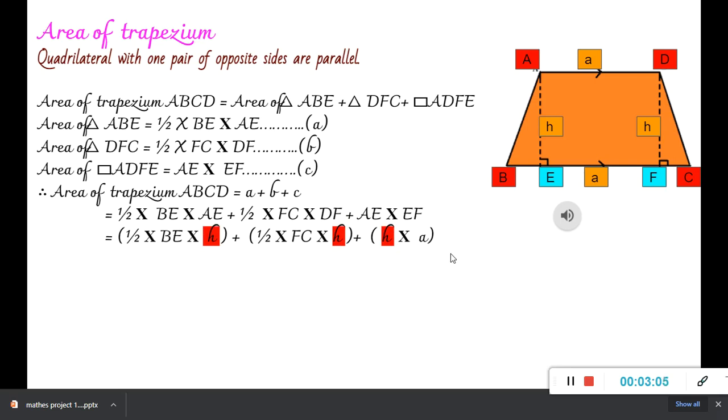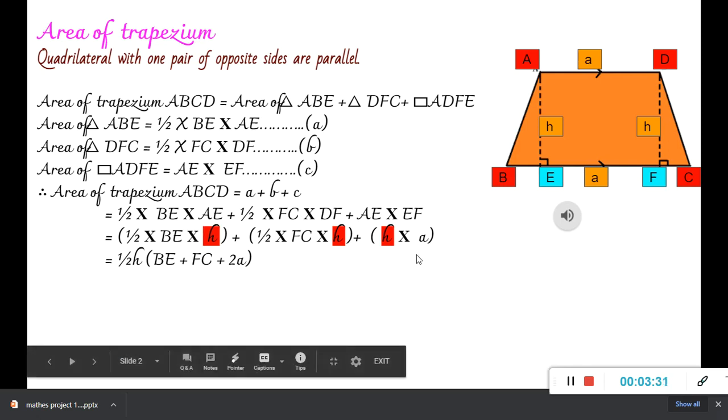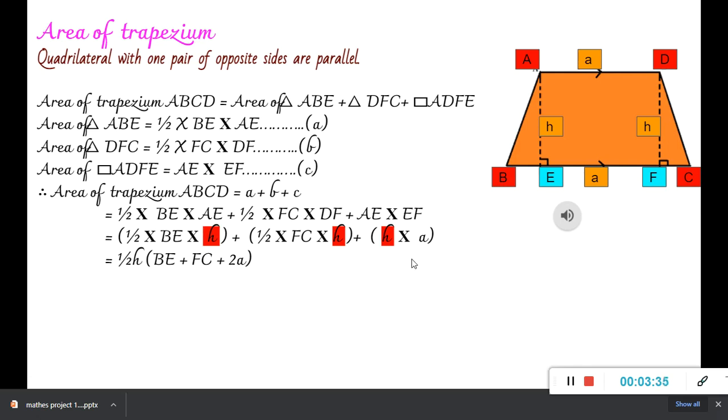Now here you can see that H is common for all, and half also we can take from every term. So we have taken half into H outside as common. Now what is remaining inside? In the first, BE, from the second, FC is remaining, plus 2A. Why 2A? Because we have only taken half H out, right? So remaining is 2A, half into H into 2A, then only we will get A there.